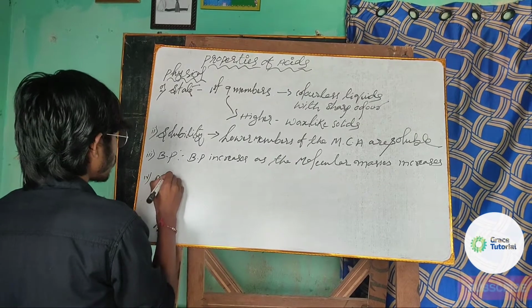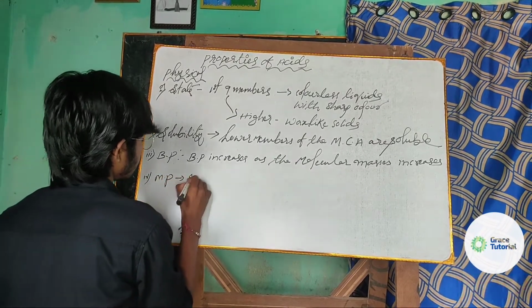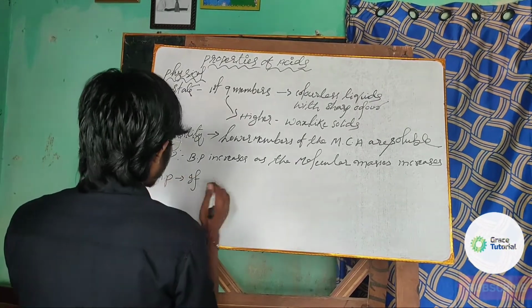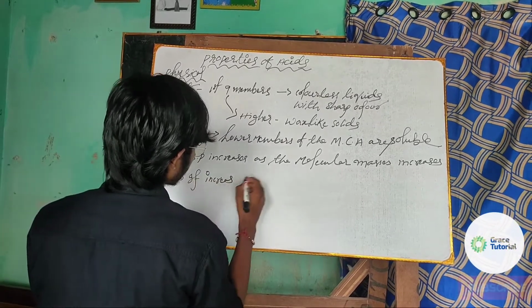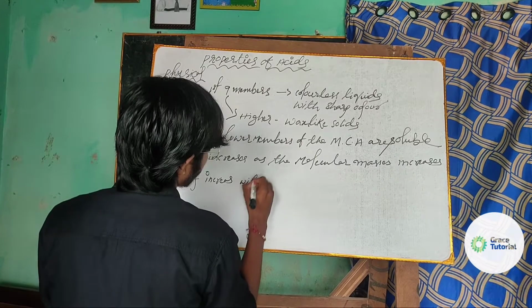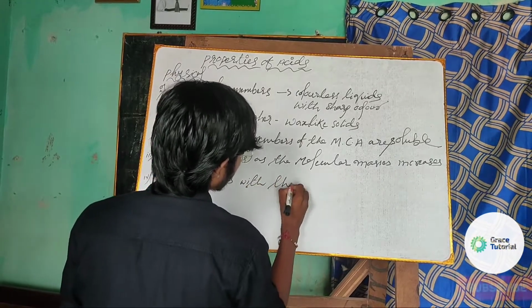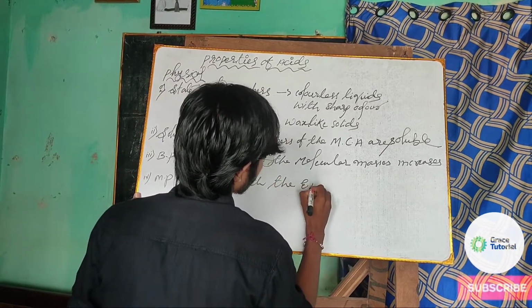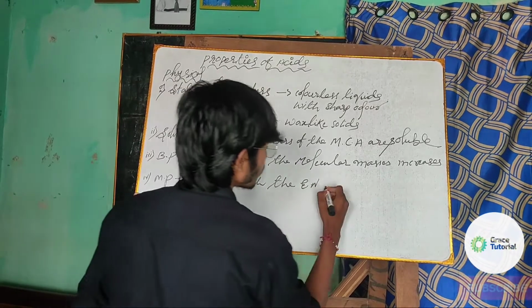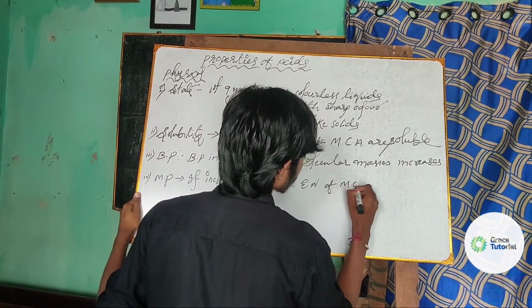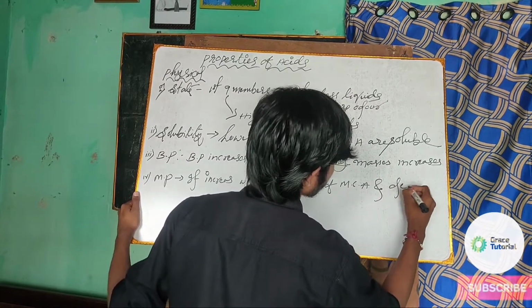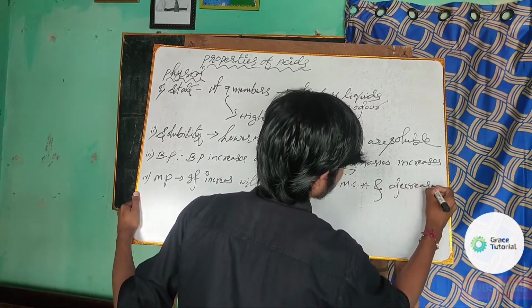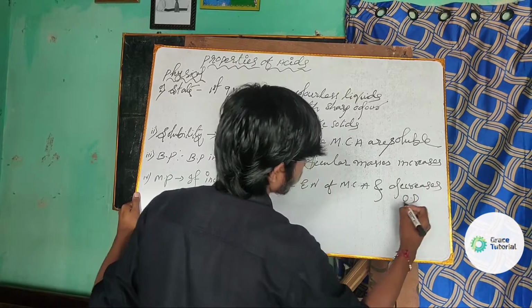Similarly, the melting point increases with the even number of monocarboxylic acids, and it decreases with the odd number.